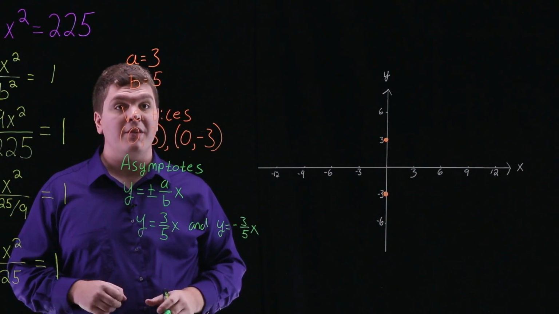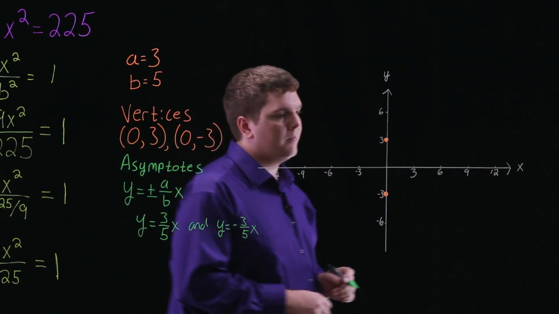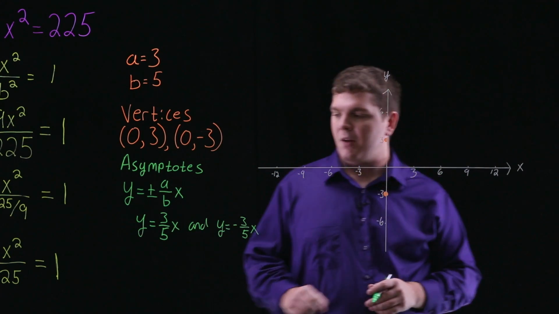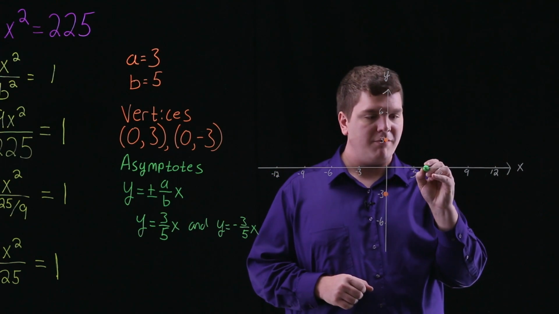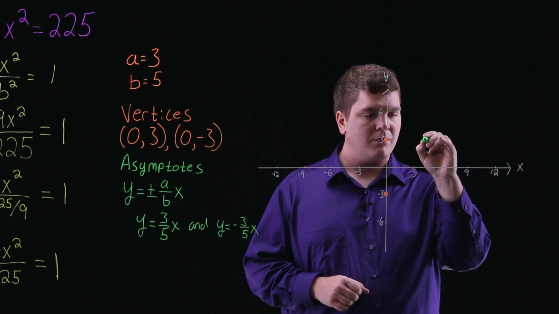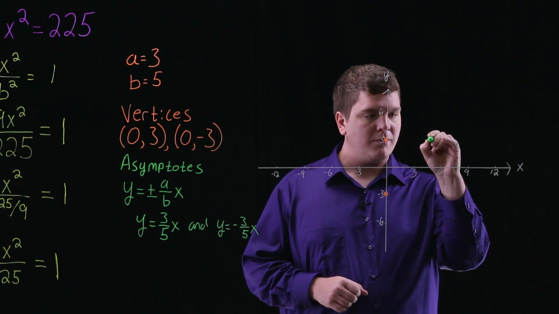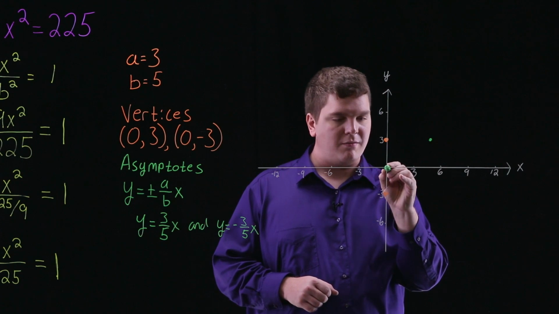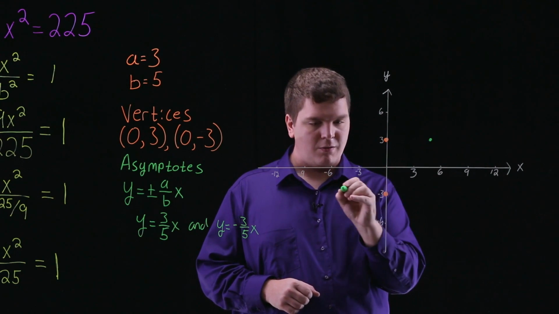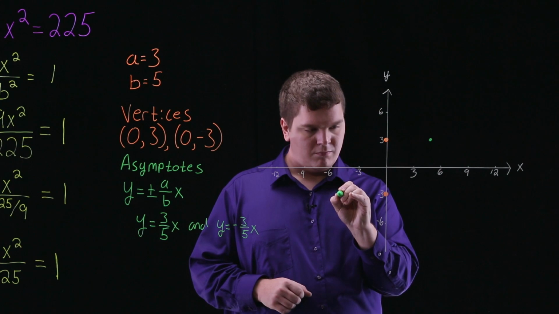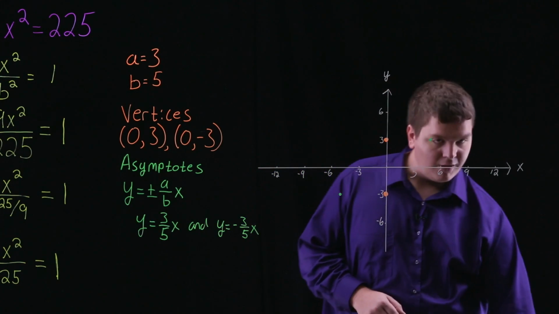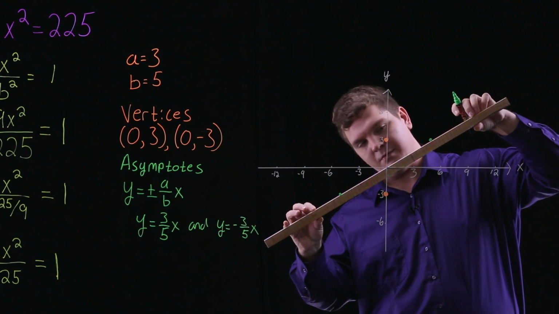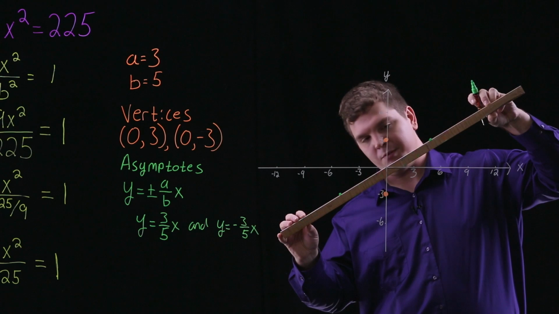Let's put these up on the Cartesian plane. For the first one, y is equal to 3/5 x, we're going to come up 3 and over 5, and let's imagine coming down 3 and over 5. If I draw a straight line through these 2 points and the origin, we'll have one of our asymptotes.